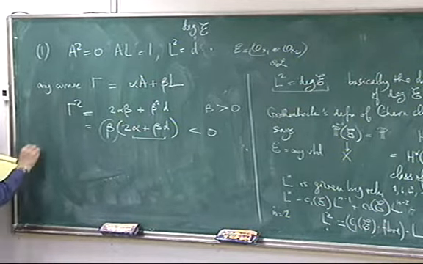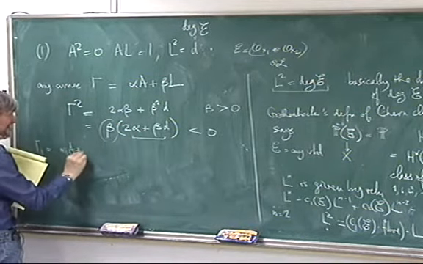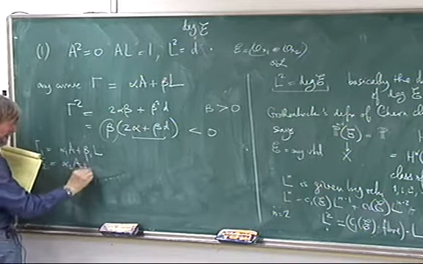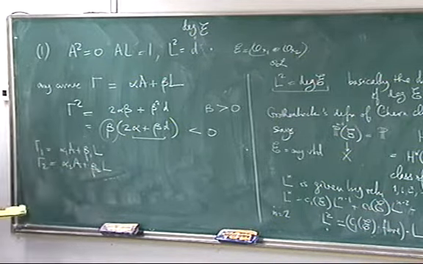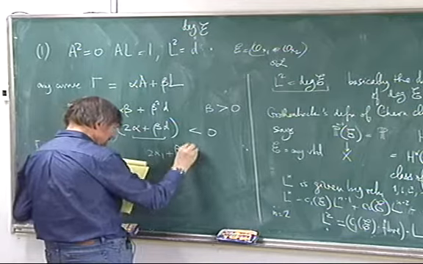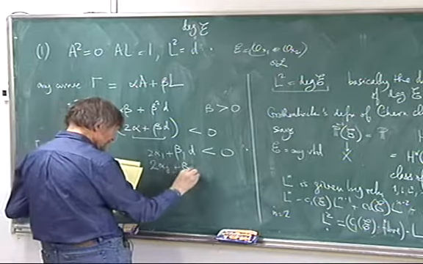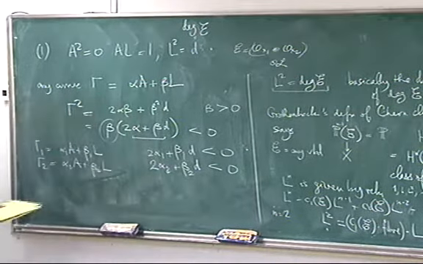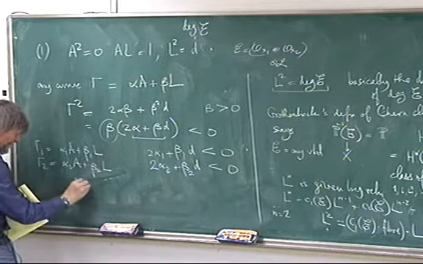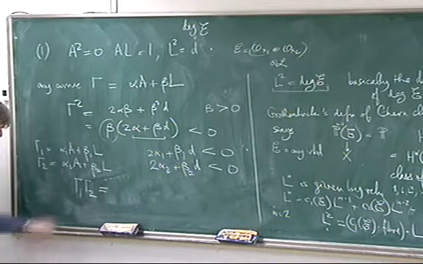Right, now suppose I've got 2 of them. Suppose gamma 1 is alpha 1 A plus beta 1 L, and gamma 2 is alpha 2 A plus beta 2 L. Then 2 alpha 1 plus beta 1 D is less than 0, and also 2 alpha 2 plus beta 2 D is less than 0. So who is gamma 1 times gamma 2? It's the same calculation.